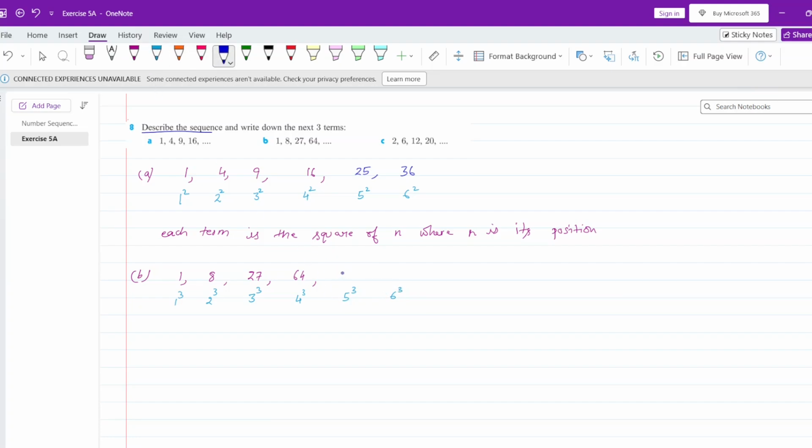And we can say the terms are 125 and 216. And in the description, we can say each term is the cube of n, where n is its position.